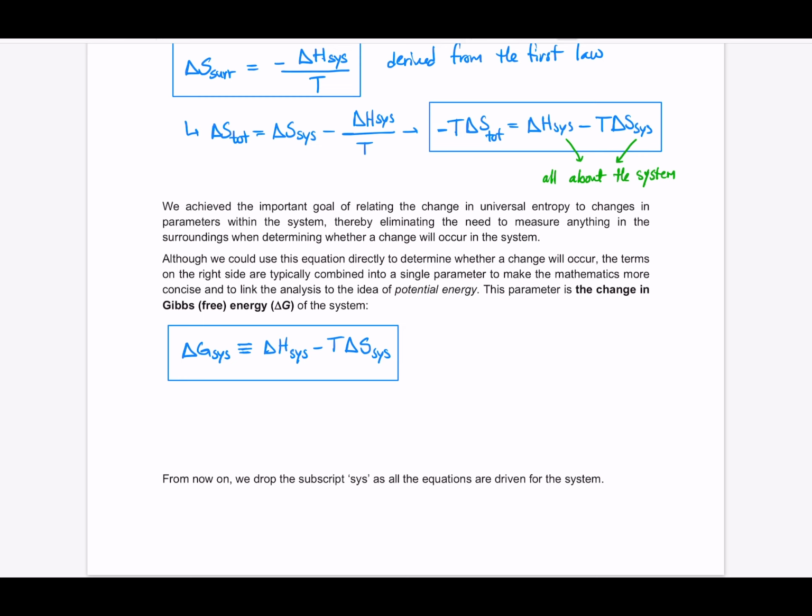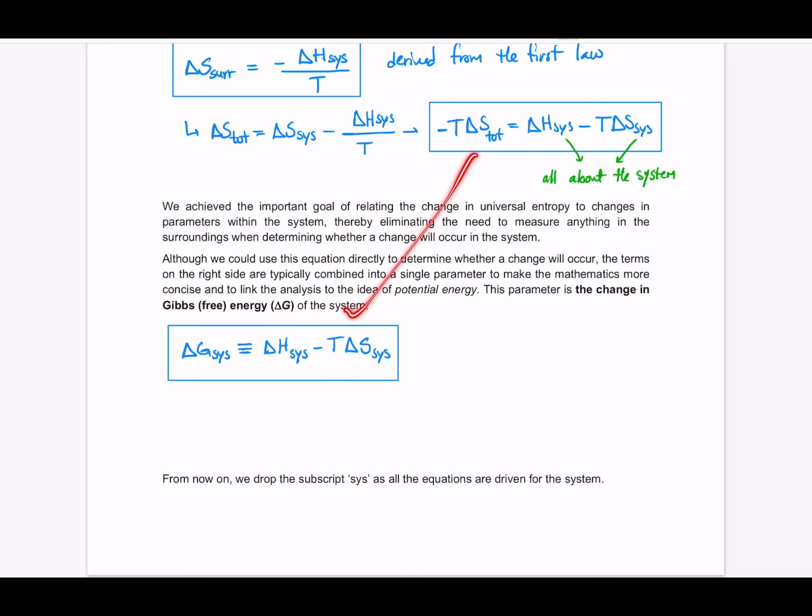So that G term is the Gibbs free energy. Delta G is the change in Gibbs free energy of a system, or how much energy is available to do work for a system. And that's connected to entropy and enthalpy.